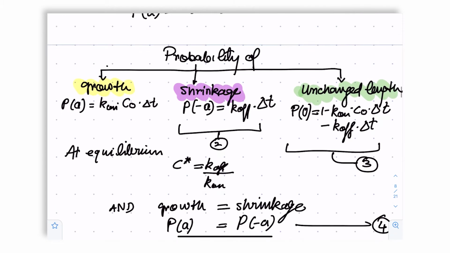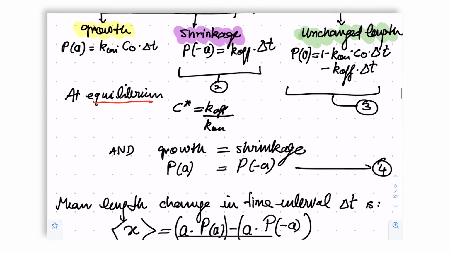At equilibrium, the ratio of k off to k on, which we also call kd, is also called c star, or the critical concentration. We talked about kd last time. And at equilibrium, it is reasonable to assume that the growth and shrinkage are equal, which means that P of a is equal to P of minus a.